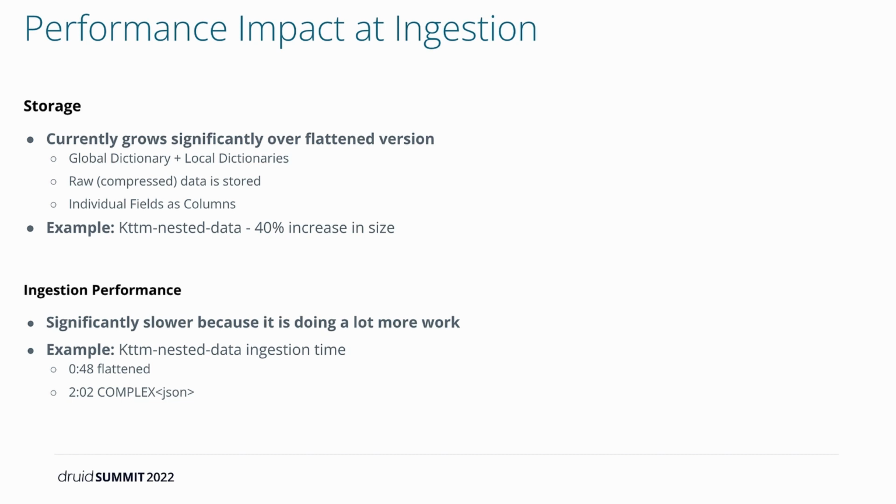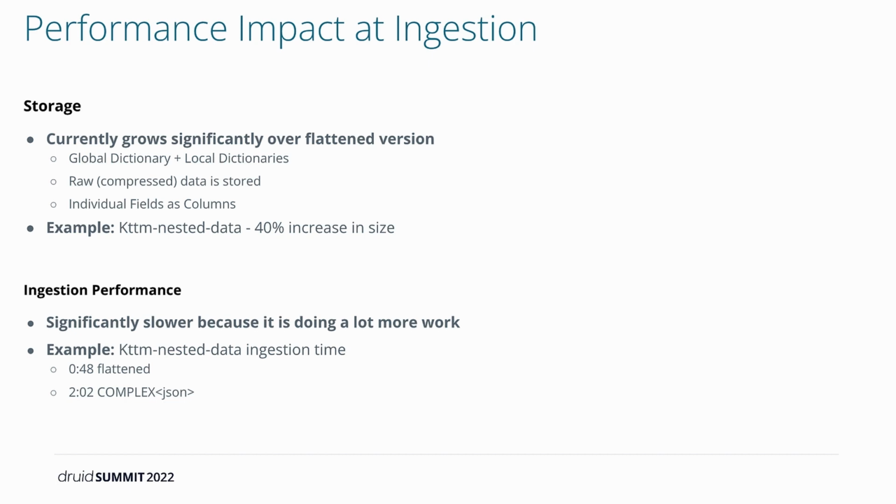From an ingestion performance perspective, it is significantly slower, and that's because it's doing a lot more work to automate this flattening capability. Just as an example, with the KTTM nested data, the flattened version took 48 seconds to load on my laptop, and the same ingestion using the complex JSON, and so the automatic indexing behavior, took a little over 2 minutes.